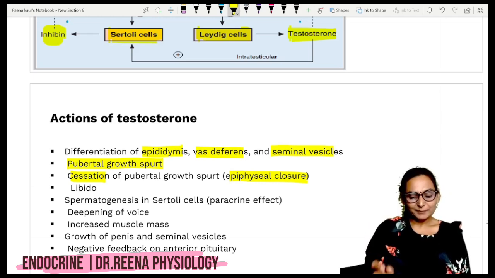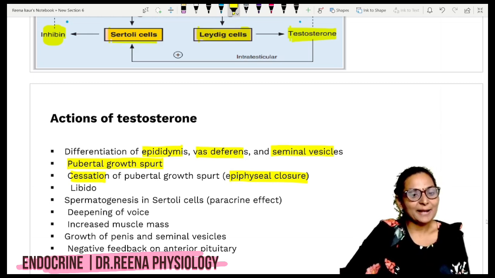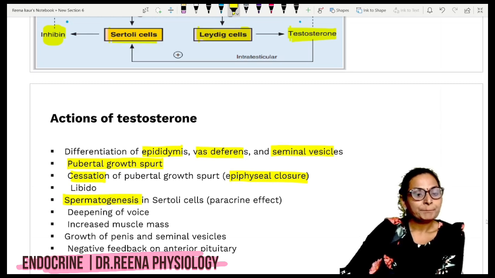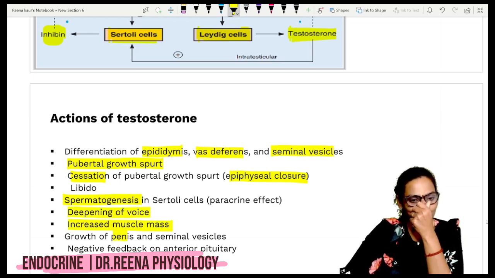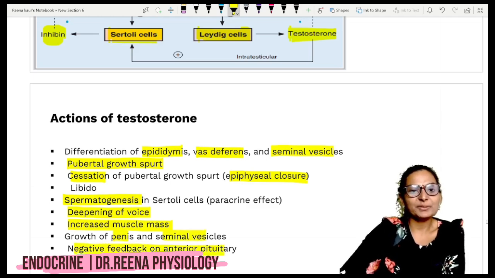Okay, then it brings about spermatogenesis. Very, very important for spermatogenesis. Increase in muscle mass, deepening of the voice, which develops in males at the time of puberty, growth of the penis and seminal vesicles, and a negative feedback on the pituitary.